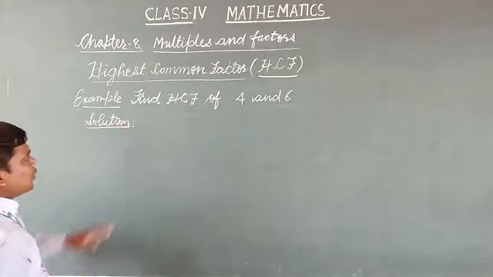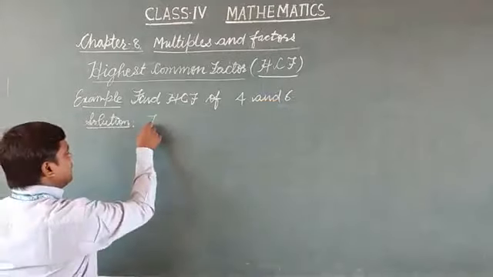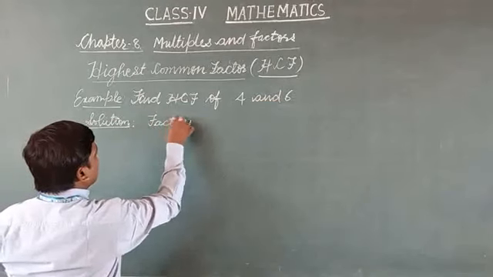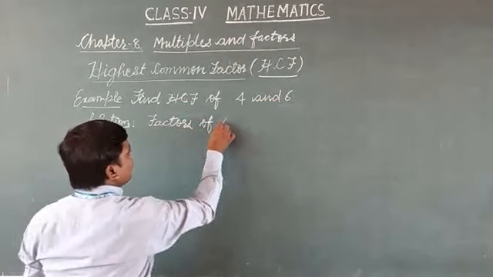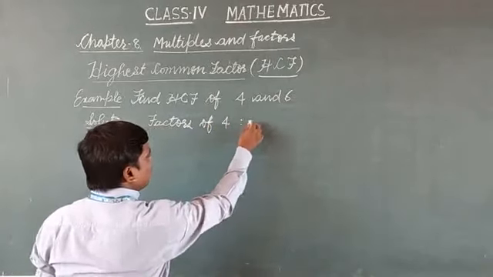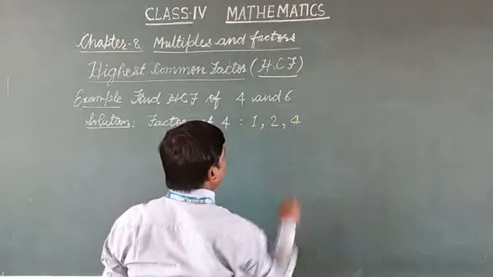First of all, we write factors of 4 and factors of 6. So we write here factors of 4. What are the factors of 4? 1, 2 and 4.